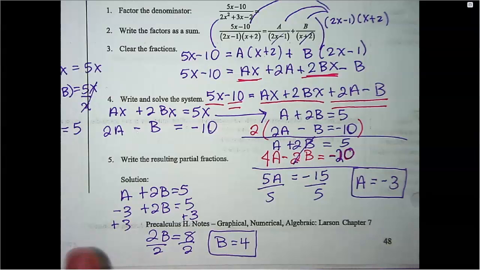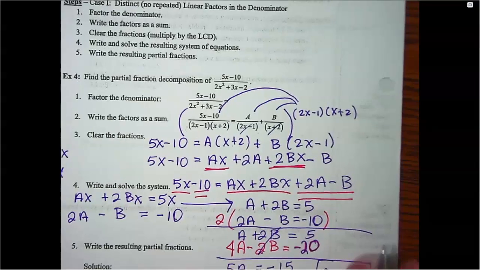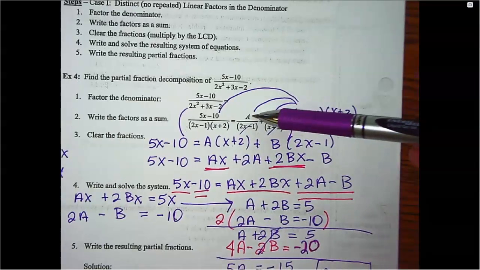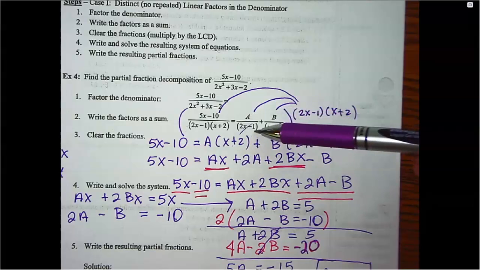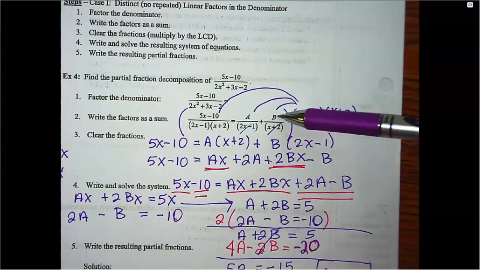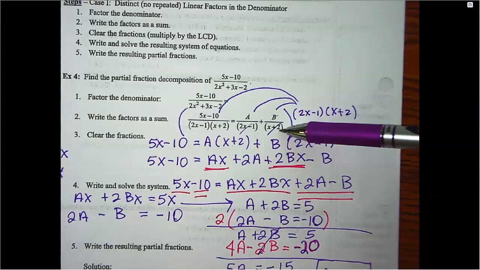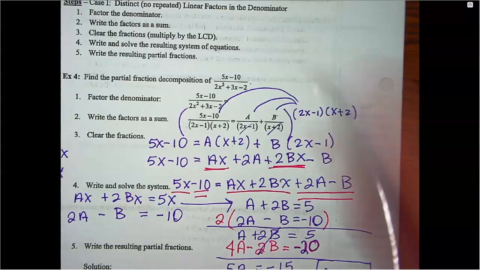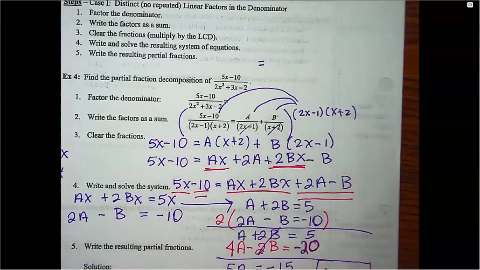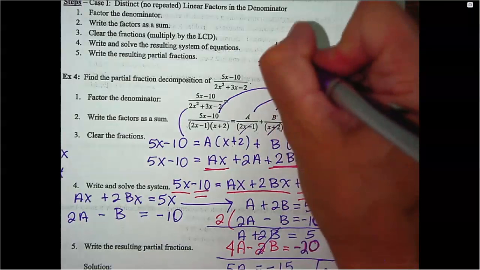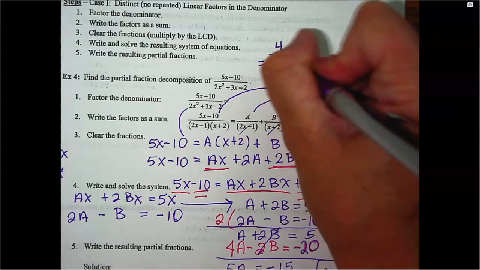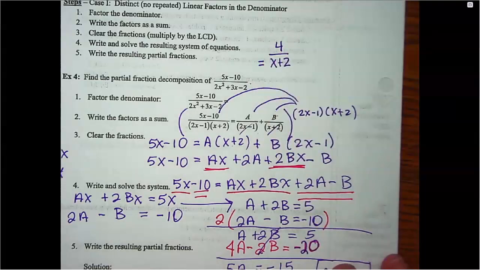So if we come up to the top, and you look right here, you would have A, which is negative 3 over the 2x subtract 1, and then you would have B, which is 4 over the x plus 2.